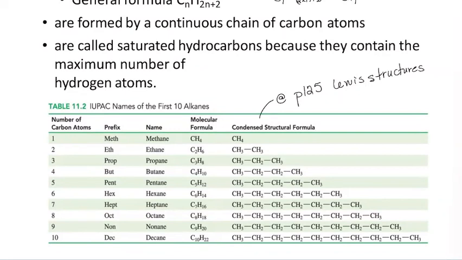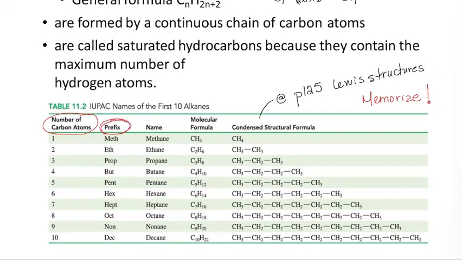So we can see here that it is very important that when it comes to this, you guys memorize the following: the number of carbons and the prefix that is attached to it.